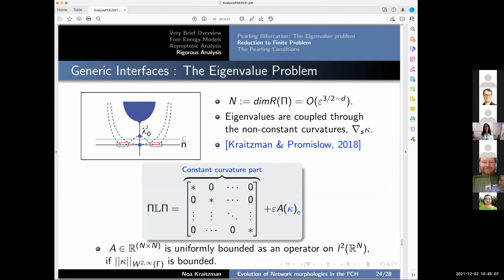We know from Weyl's asymptotic formula that pi L tilde pi is big, and the eigenvalues are coupled through the non-constant curvatures.